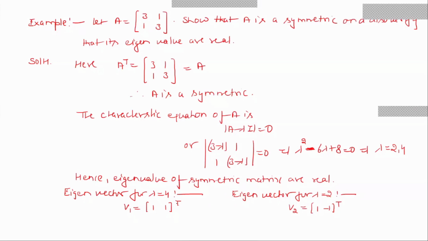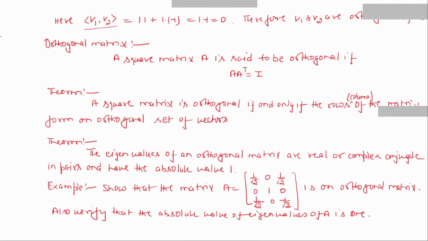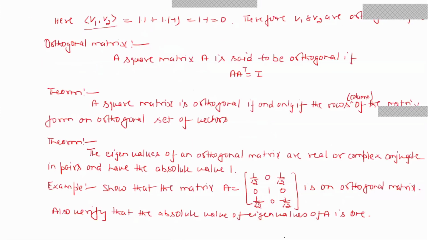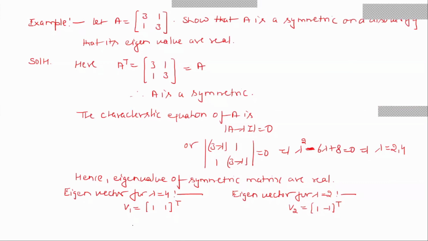So what do we mean by orthogonal? Two vectors are said to be orthogonal if their inner product, or dot product, is equal to 0. Here b1 and b2 are the two eigenvectors. To calculate the inner product, the first component of b1 is multiplied with the first component of b2, that is 1 into 1, plus the second component of b1 multiplied with the second component of b2, that is 1 into minus 1.